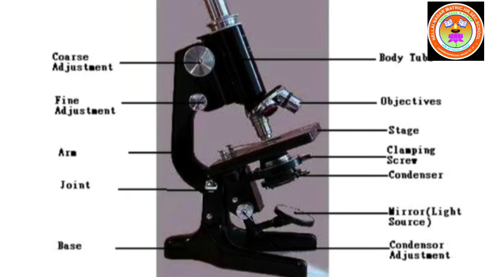Two lenses are used here. The lens with a larger focal length and larger aperture, placed near the observer's eye, is called the eye lens or eyepiece. Both the lenses are fixed in a narrow tube with adjustable provision.